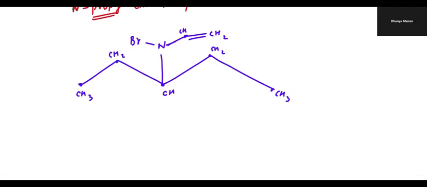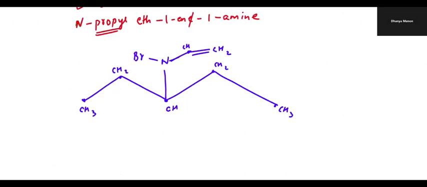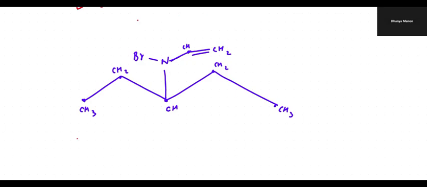Right. So in this case, how to do the numbering? So which part do we number? So here, definitely there is a double bond over here. You can see there's a double bond over here. So definitely we will number as 1, 2.